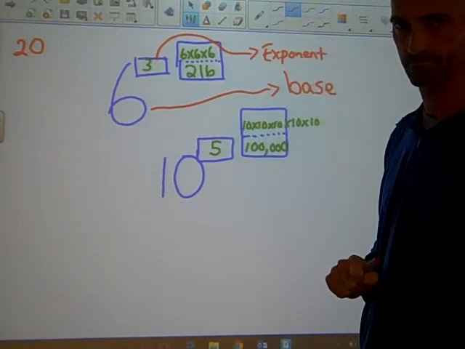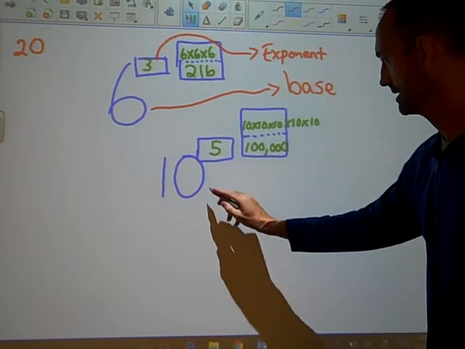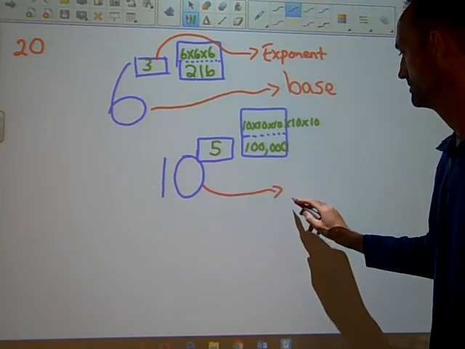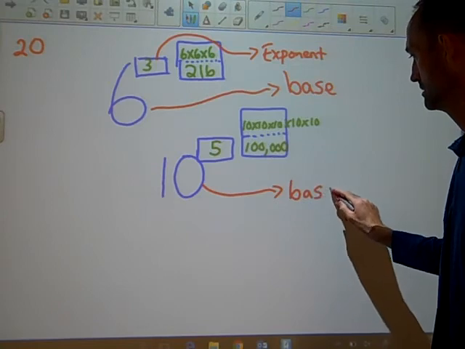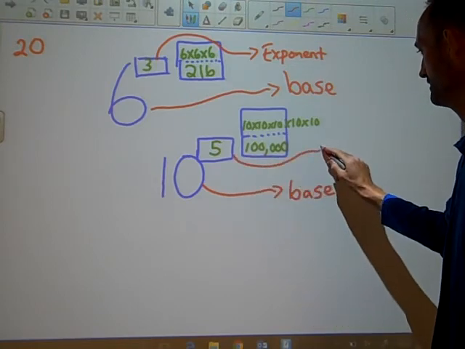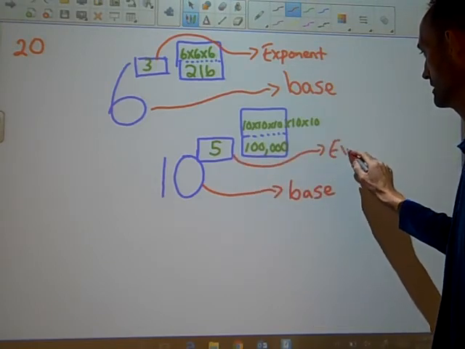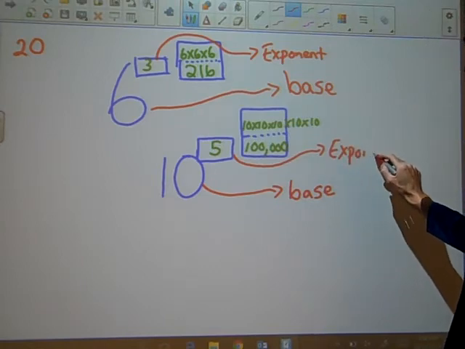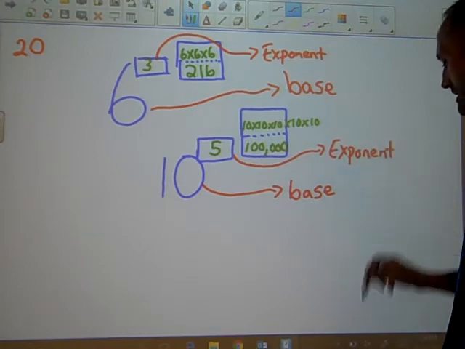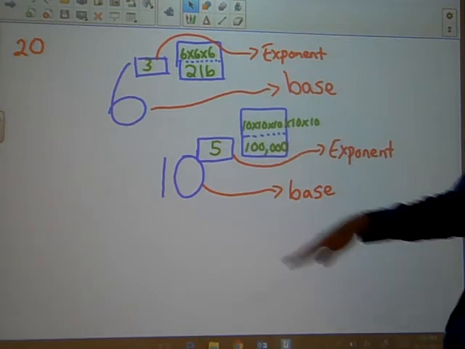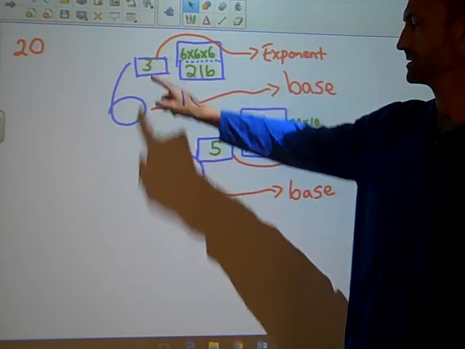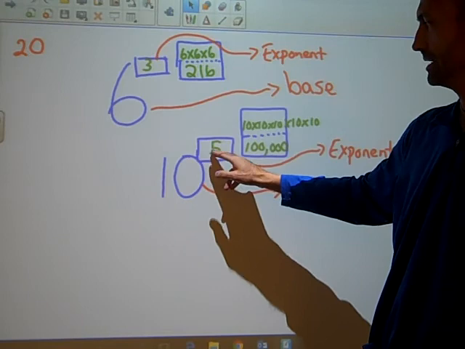Same thing here. The 10 is the base, and the 5 in this example is the exponent. Please label those. Again, pausing the video if you need to get that written. Base, exponent.